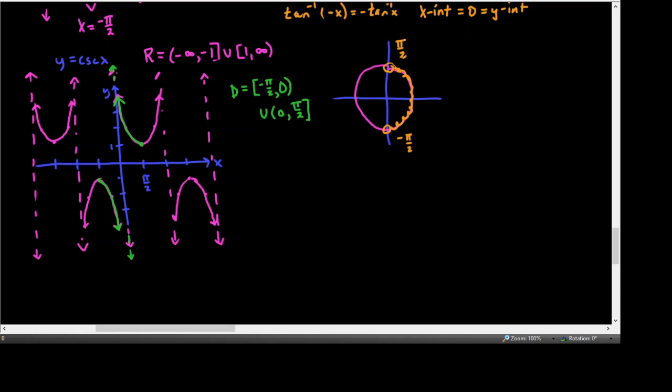Okay, so when we go to graph the cosecant inverse, or arc cosecant of x, the x-axis will be numbered by 1s, the y-axis numbered by pi/2.